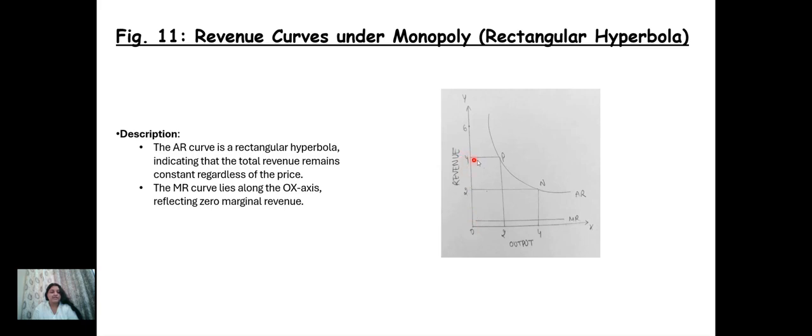You can see this point meet at the point P, this meets at the point N, and this goes to the x-axis, and MR is constant. There is no increasing or decreasing, but AR is declining from this point to this point. This indicates that total revenue remains constant regardless of the price.